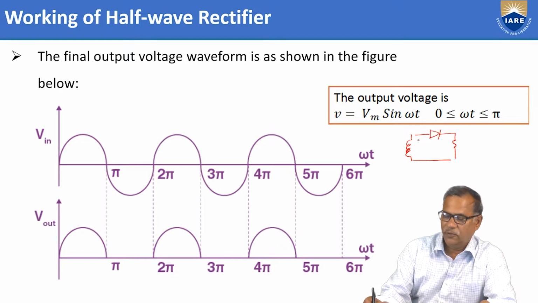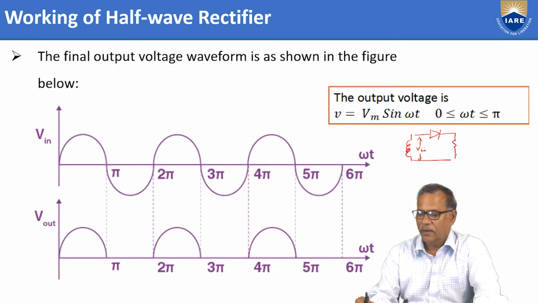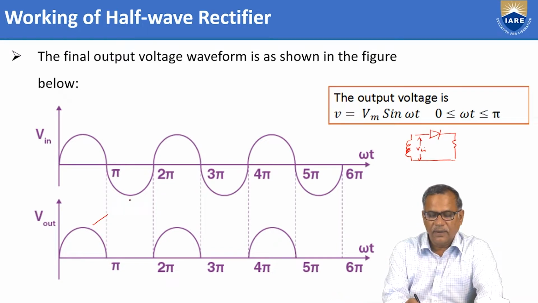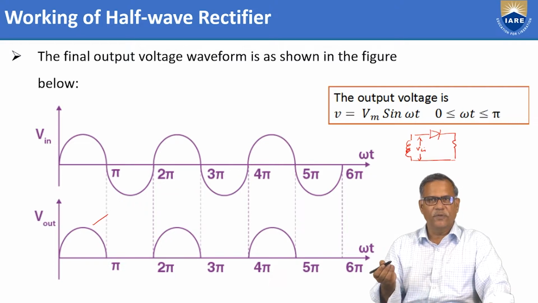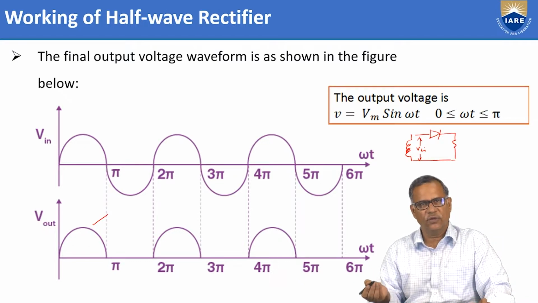So here the input voltage, this is Vn, and it varies in both directions. For the positive half cycle, as we just discussed, the diode conducts and we get the positive output. And when Vn is negative, the diode acts like an open switch and the output voltage across the load is zero because the current through the diode is zero.